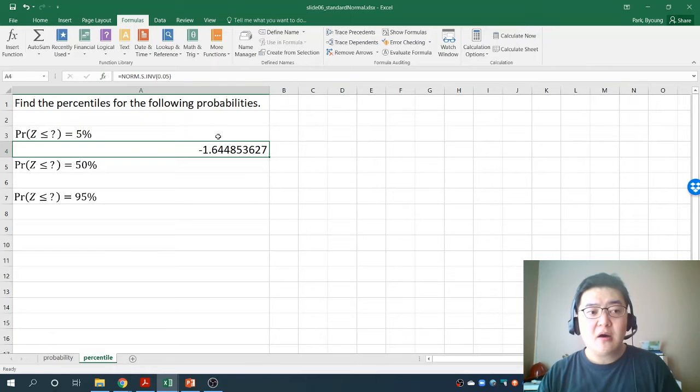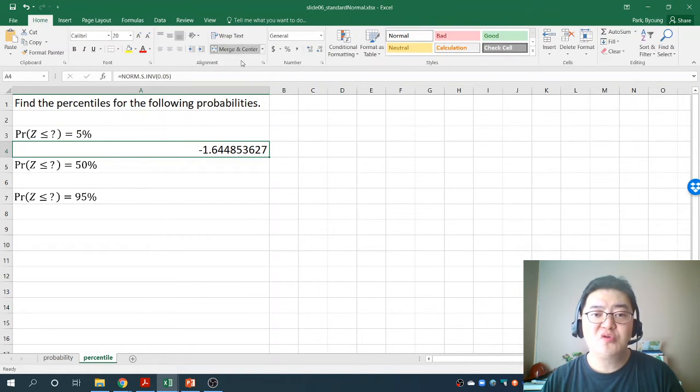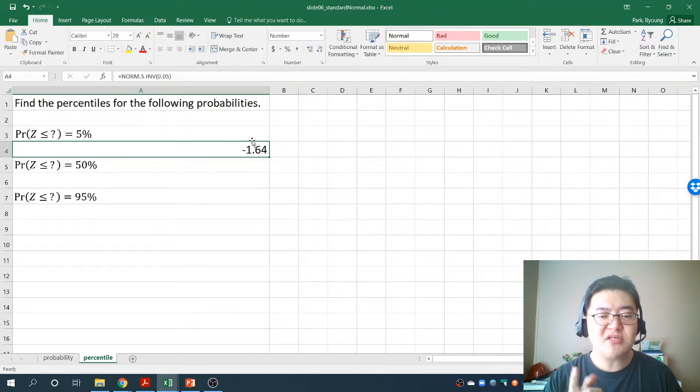For a standard normal distribution, the bottom 5% value is minus 1.6448 and so on. You are going to see this number often in the future. Usually people use 1.64 as the bottom 5% value. You're going to see this number a lot later.